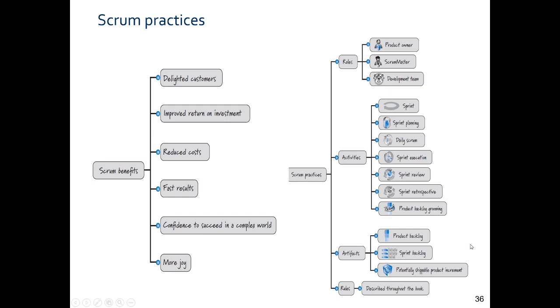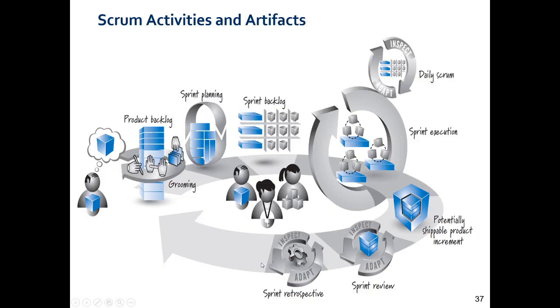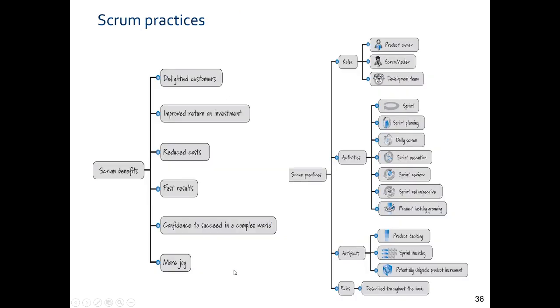Artifacts are product backlog, sprint backlog, and PSIs, that is potentially shippable increments, and the rules, right? And scrum activities, just see to it, and artifacts. This is again an elaboration on the Scrum activities, right?